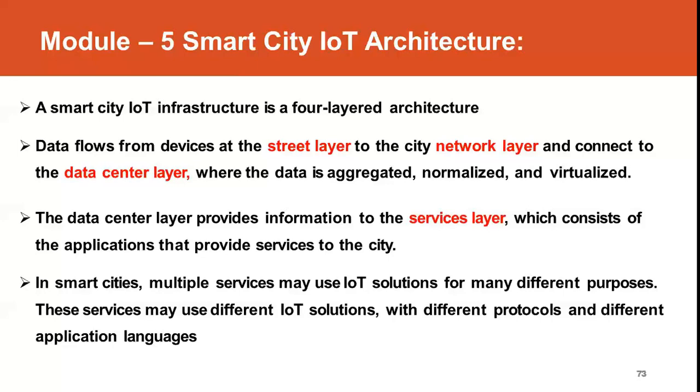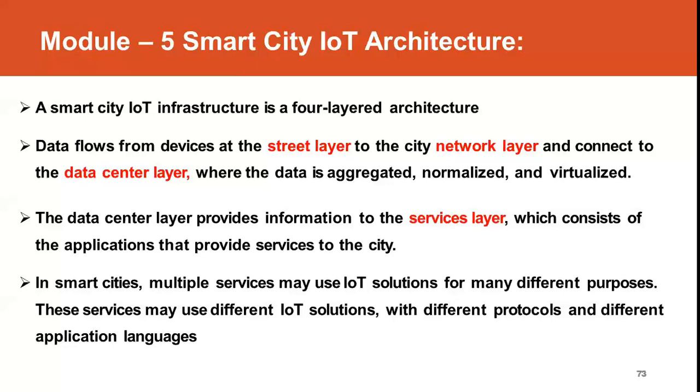Also, the data coming from different sensors can be aggregated, normalized, and virtualized in the data center layer. Then a service layer can be provided on top of this data center layer to build the applications that are required for the people or for the authorities.